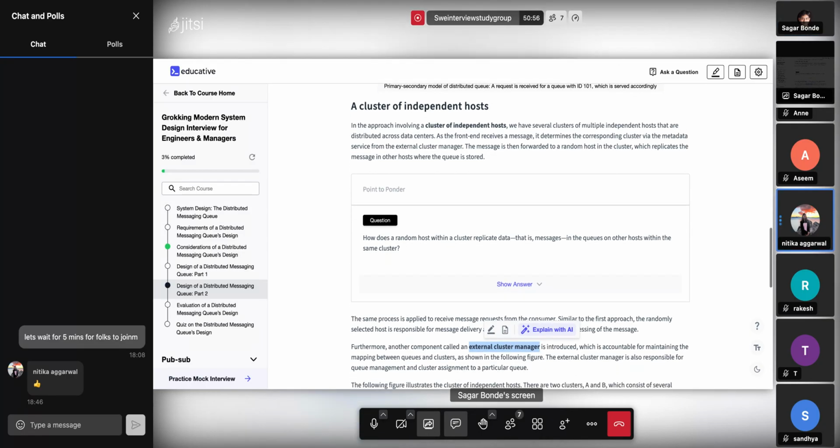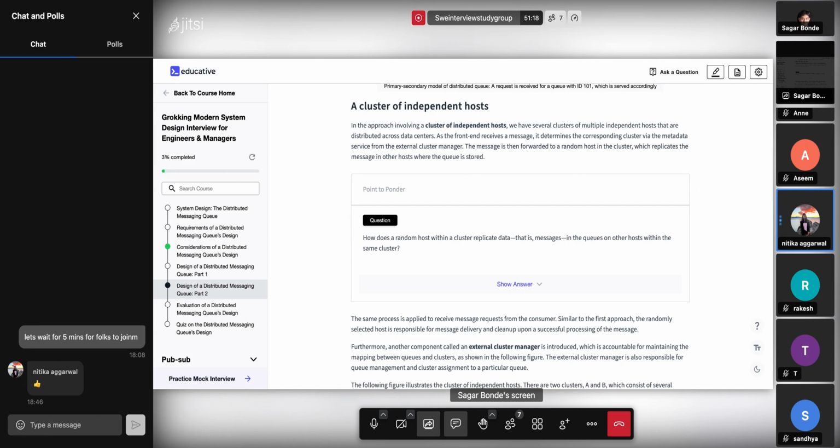In the approach involving a cluster of independent hosts, we have several clusters of multiple independent hosts that are distributed across data centers. As the front end receives a message, it determines the corresponding cluster via the metadata service from the external cluster manager.